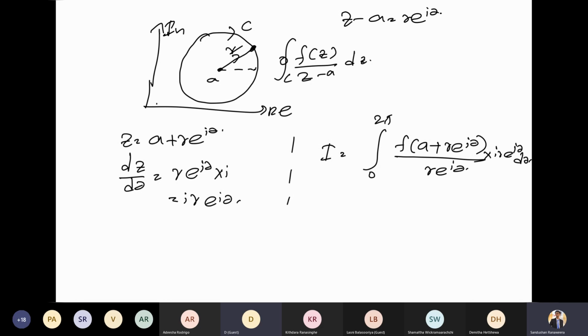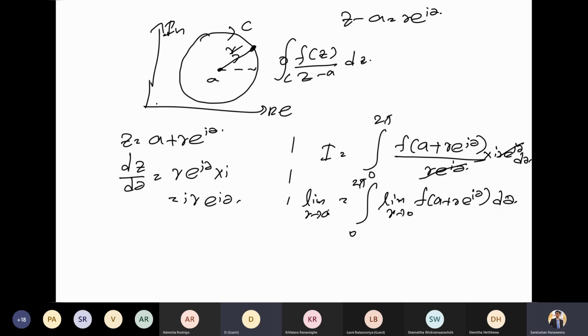Then you can say these factors cancel out. Then you evaluate this in the limit as r goes to 0. You can take the limit inside because r has nothing to do with the integration variable.